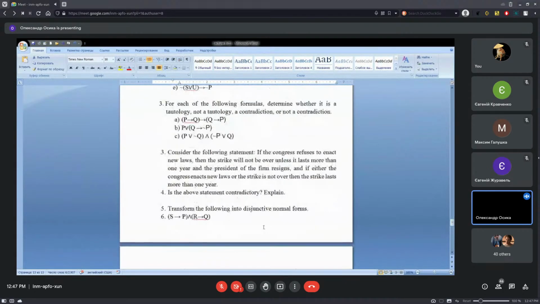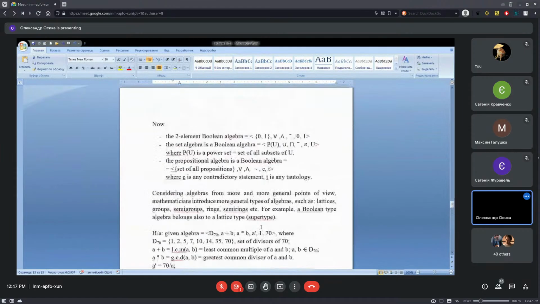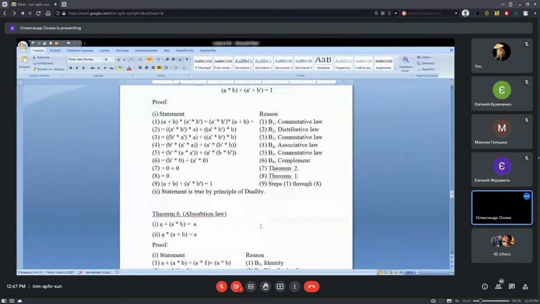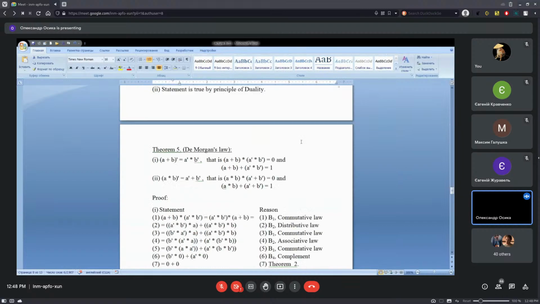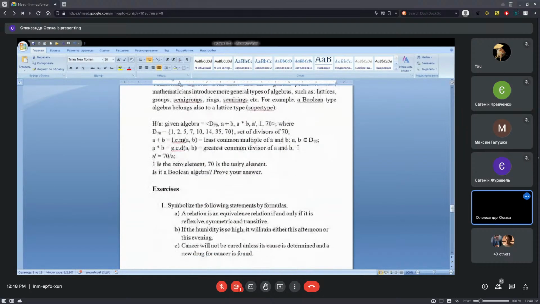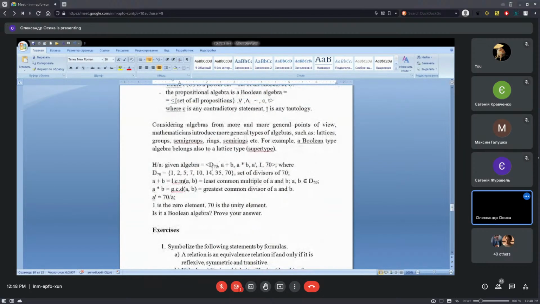Okay, people, do you have any questions? Can you tell about B? What is B in the home task? B is the first position.